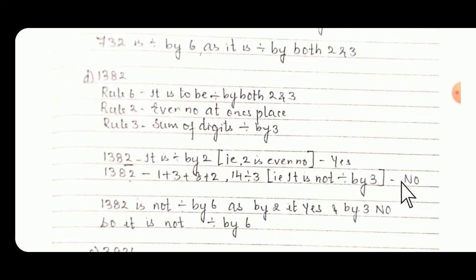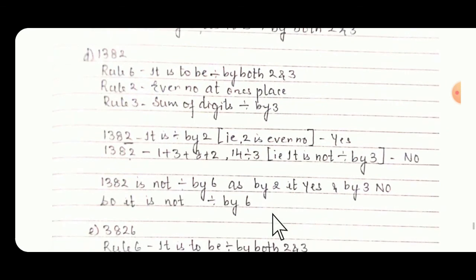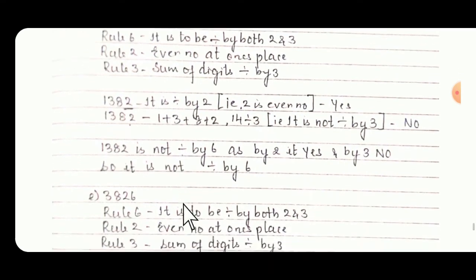So 1 is yes and 1 is no. Then the answer is not possible by 6 also. Why? As it is not possible by 3. So what will you write as the conclusion? 1382 is not divisible by 6 as by 2 it is yes and by 3 no. So it is not divisible by 6.